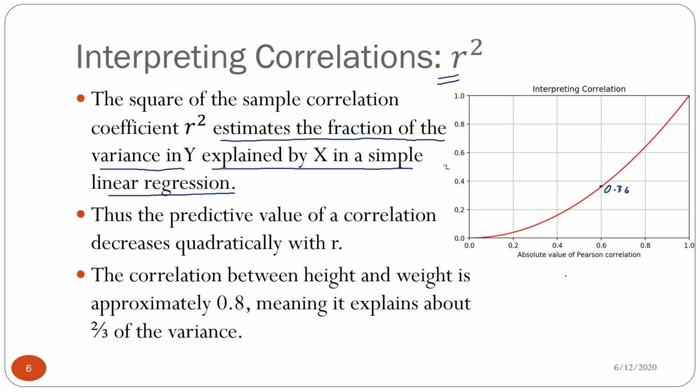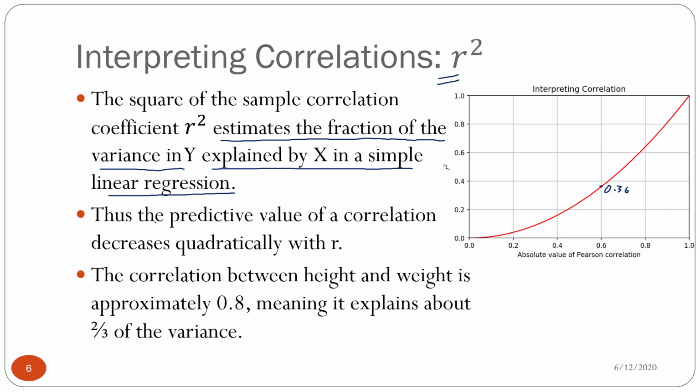It might take you multiple attempts to read it, but that's the information. The square of the sample correlation coefficient estimates the fraction of the variance in Y which is explained by X, or the linear regression, whatever you call it. That is conveying how much information you have in X, how useful is the regression that you are doing.